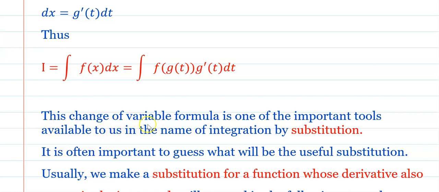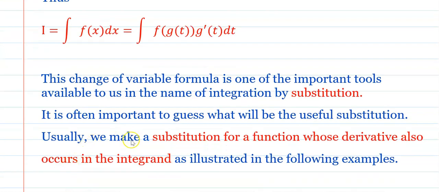This change of variable formula is one of the important tools available to us in the name of integration by substitution. It is often important to guess what will be the useful substitution.